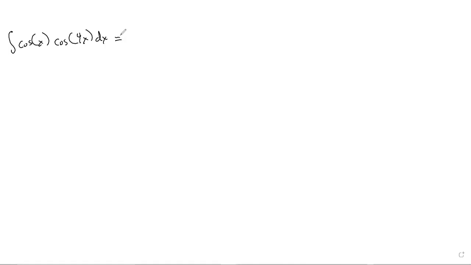Well, again, we're going to use that product to sum formula, and we're going to get 1/2 times the quantity of cosine of (1 minus 4)x, and then plus the cosine of (1 plus 4)x dx.